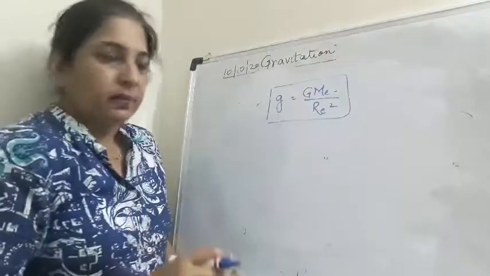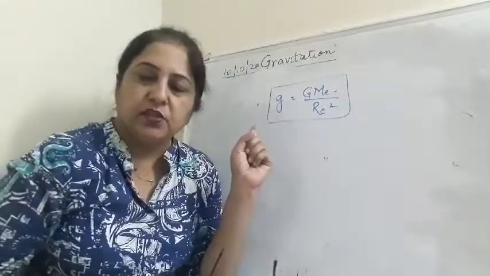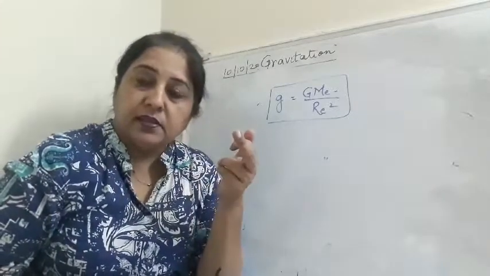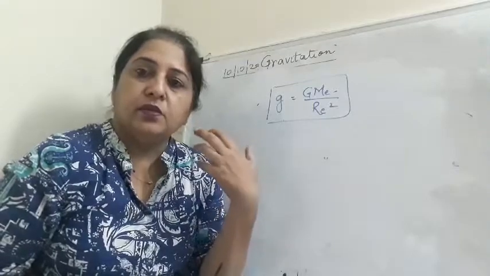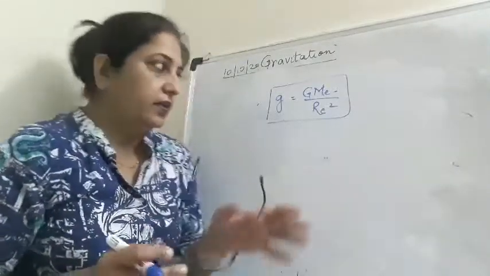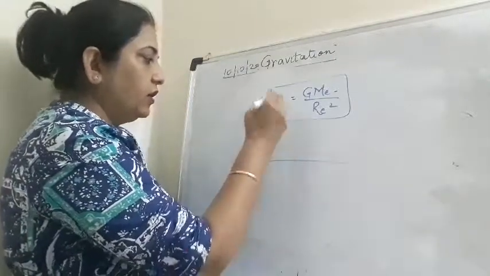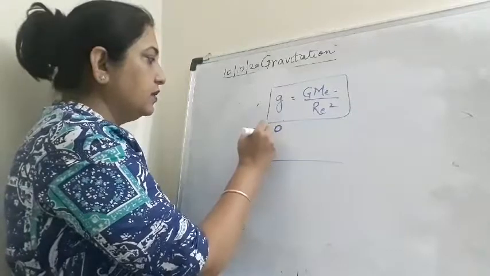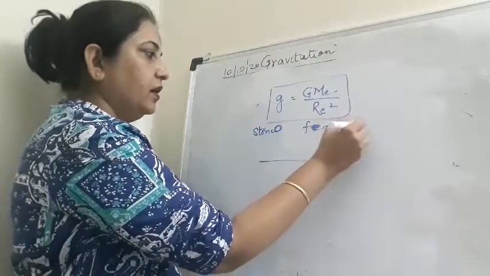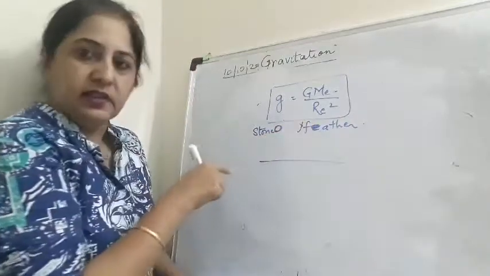Remember that the acceleration due to gravity is independent of the mass of the falling object. That means if there are two objects falling down, one a stone and one a feather, in both cases acceleration due to gravity is acting.